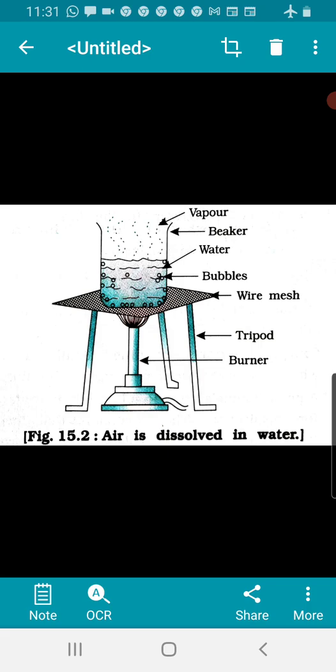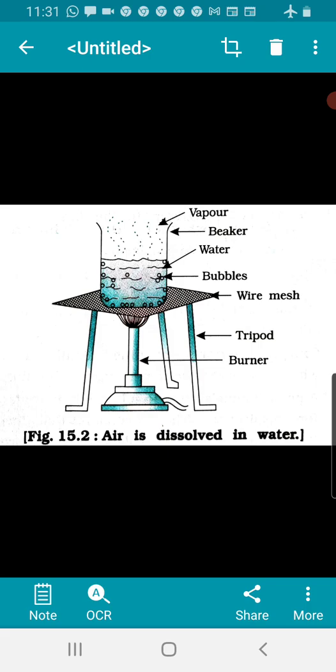Before the water begins to boil, look carefully at the inner surface of the container. Do you see any tiny bubbles inside? These bubbles come from the air dissolved in water. When you heat the water to begin with, the air dissolved in it escapes. As you continue heating, the water itself turns into water vapor and finally begins to boil.